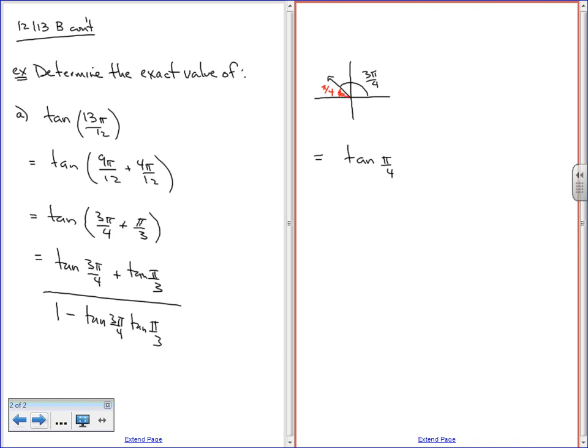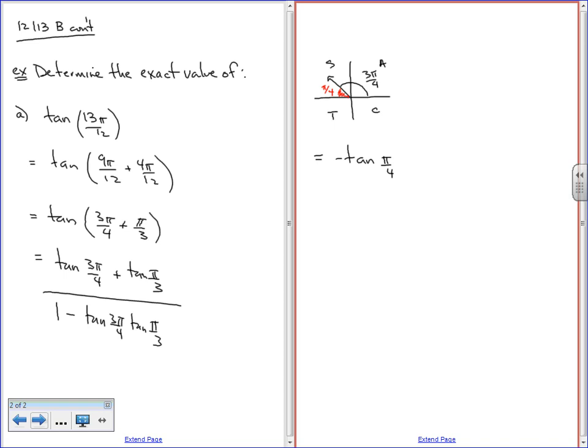Now I have to figure out if the answer is going to be positive or negative, and that's where I use the CAST rule. In quadrant 2, the only ratio that's positive is sine and its reciprocal, so I make the tangent negative. Does that make sense? Okay, so that's the start of figuring out the answer for the tangent of 3 pi over 4.